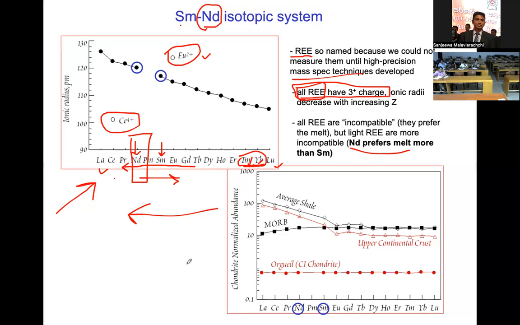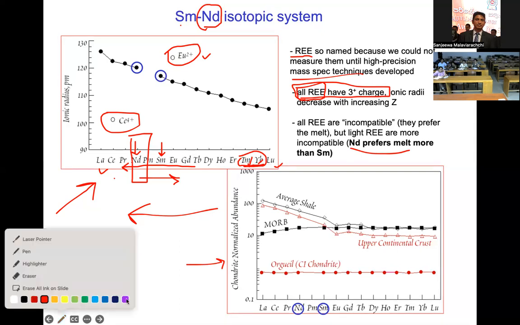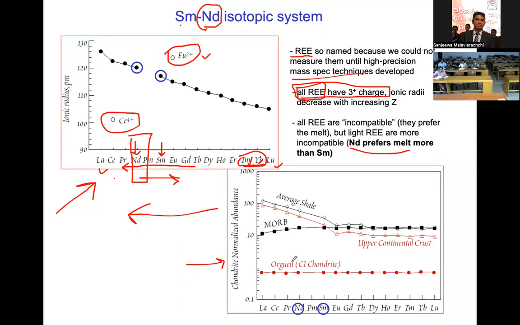And the second plot here shows you trace element patterns or rare earth element patterns of common reservoirs. For example, you can see the chondritic composition, but it is normalized to chondrite composition, right?